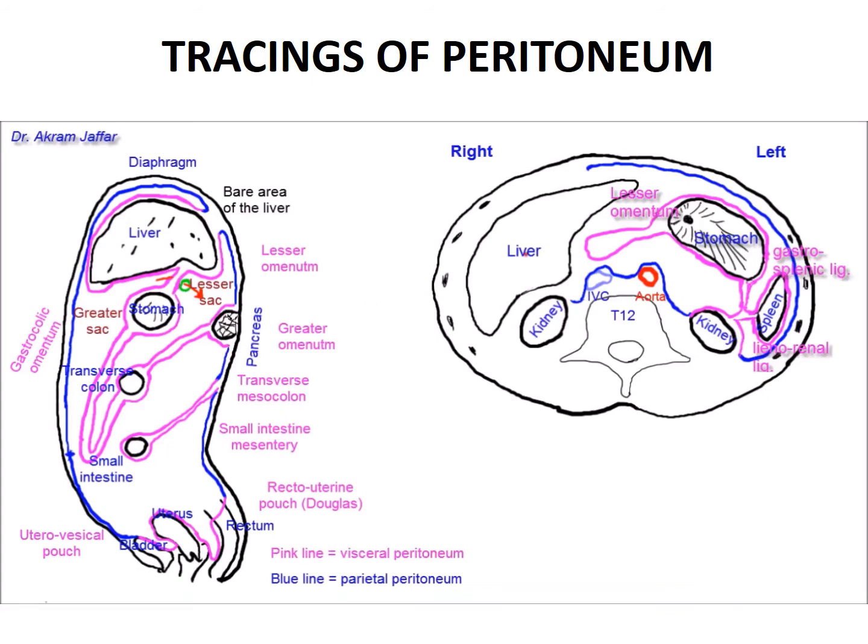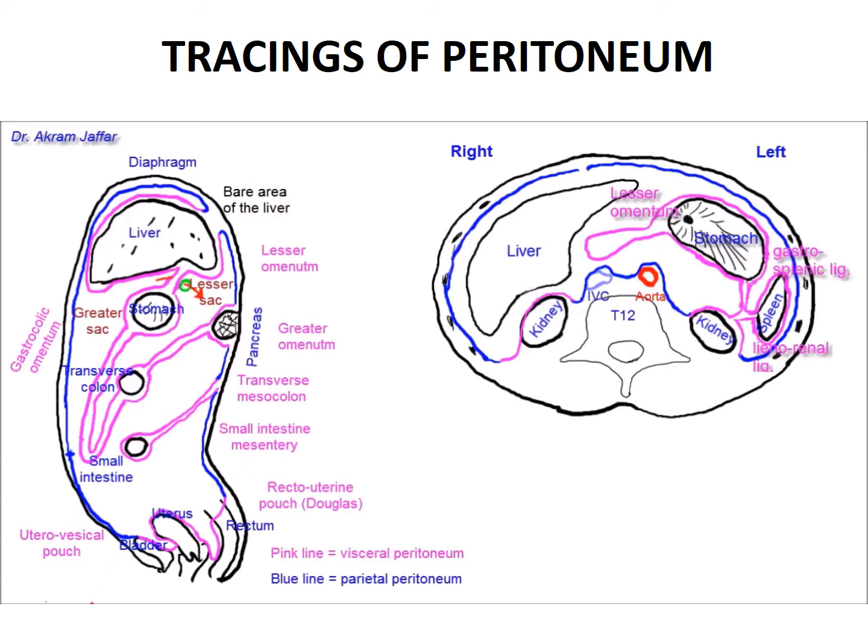I'll draw it in pink, covering the anterior surface of the kidney. The kidney has no mesentery, and reaching back to the posterior abdominal wall, it becomes parietal peritoneum. So I'll draw it again in blue, and returning to the same point where we have just started.